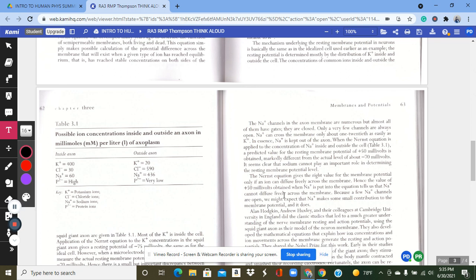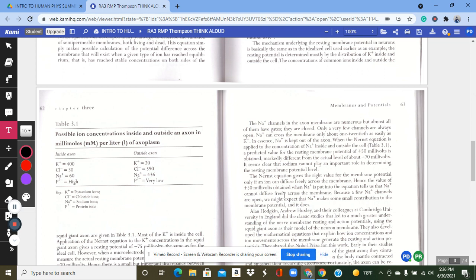So yeah, basically this paragraph is saying that one of the reasons why sodium cannot be used to determine the resting membrane potential level is that most ions cannot move freely across the cell membrane because it's not permeable to most ions.